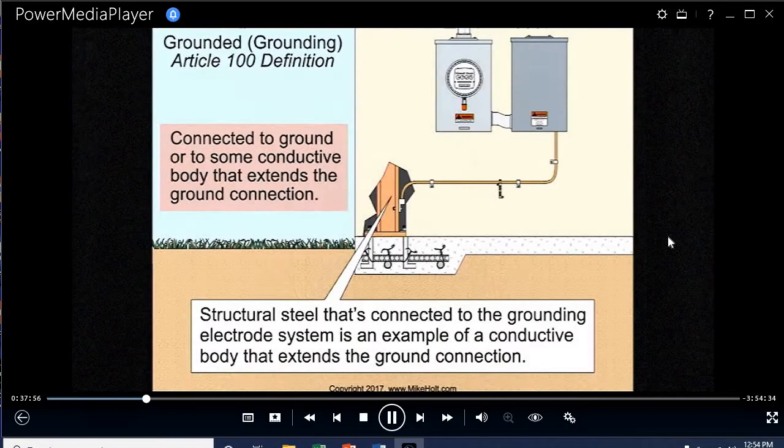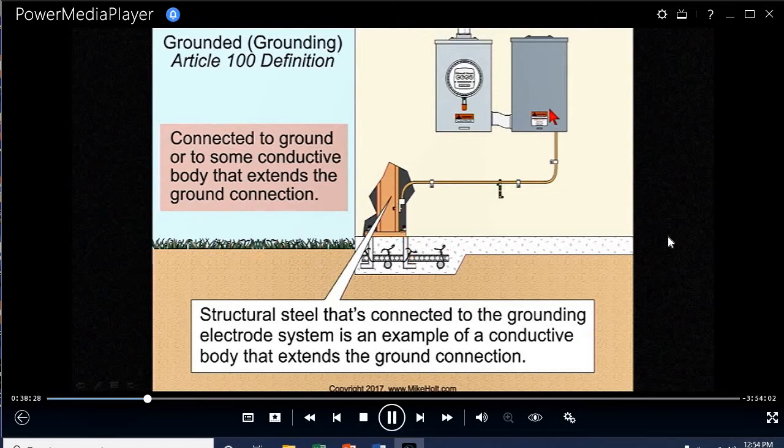So take a look right here. Without getting into details, rebar under certain conditions could be considered an electrode, which makes our connection to the earth. This steel is connected to the rebar. The steel is going to be grounded because it's going to be connected to the rebar. This grounding electrode conductor is connecting it over to the steel, which is serving as a conductor, connecting it to the electrode.